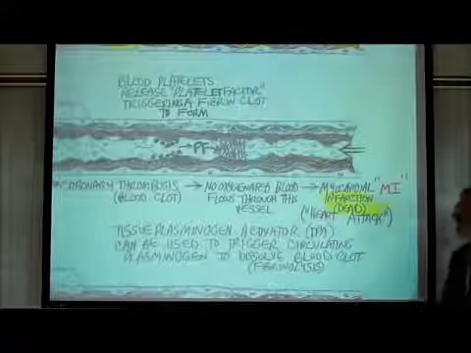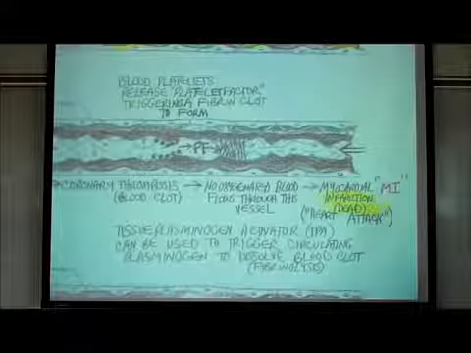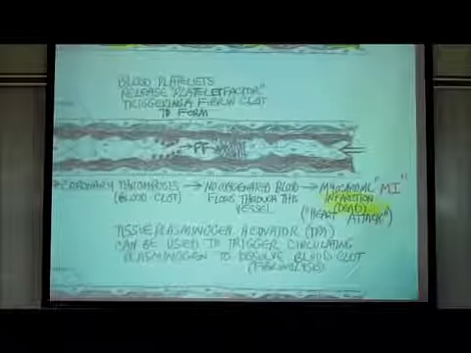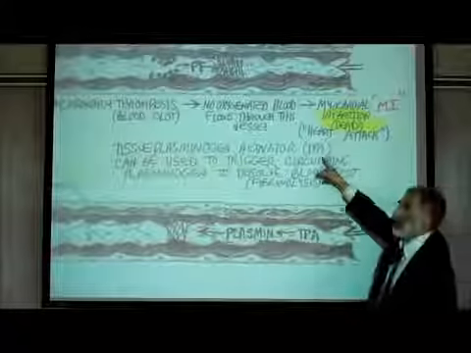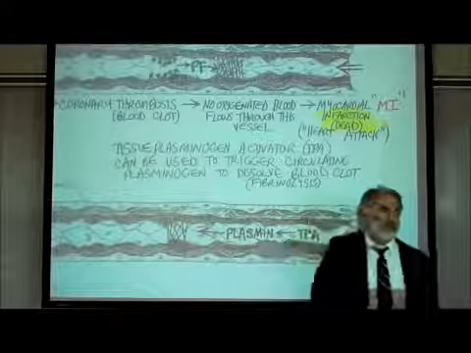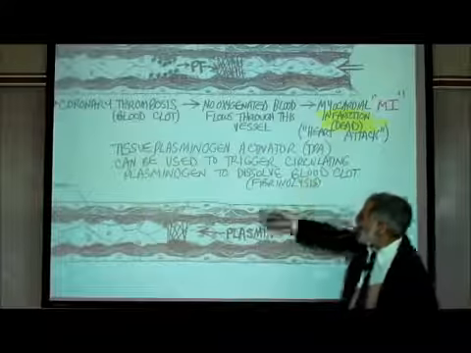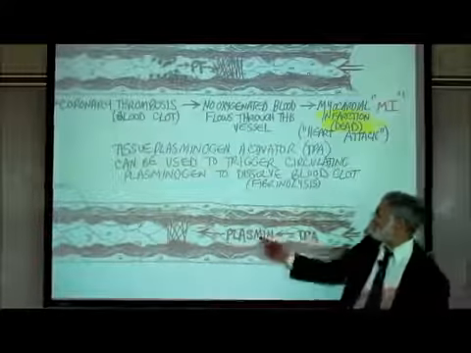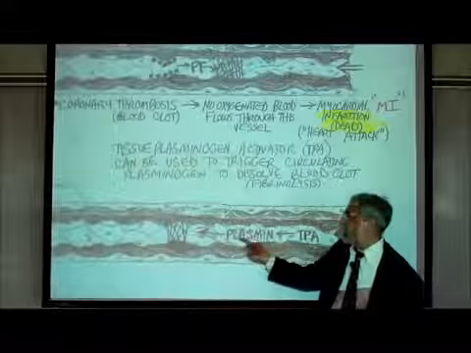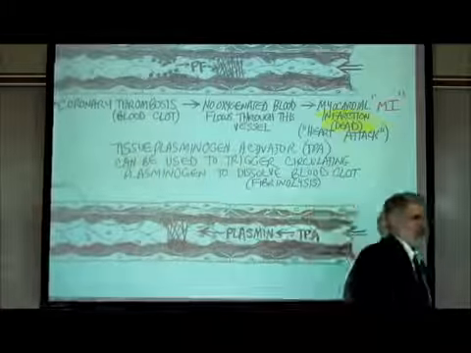So in fact, what they give to people now when they have a heart attack, a myocardial infarction, a coronary thrombosis, is synthetic, genetically engineered TPA. The TPA is then given, which activates the plasminogen into plasmin, which will dissolve that clot.